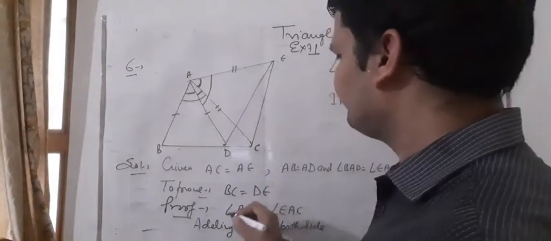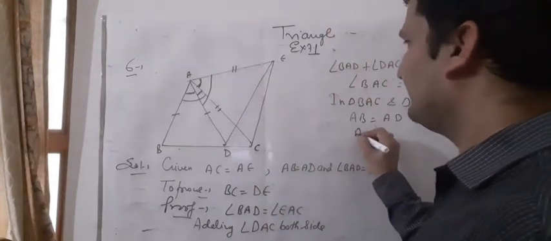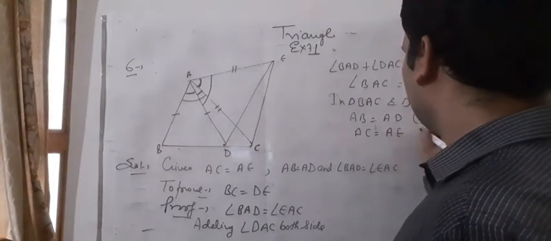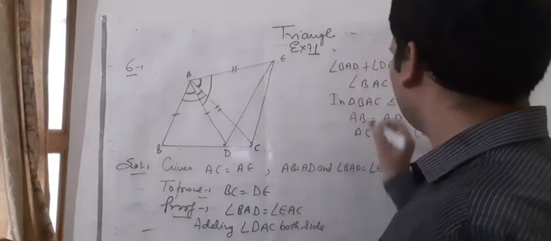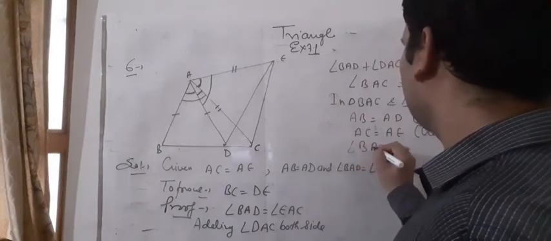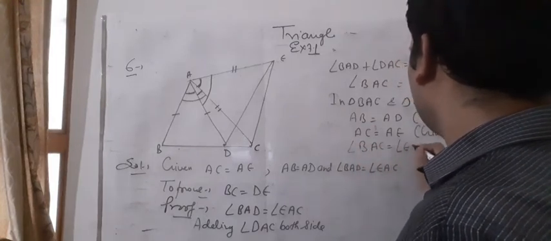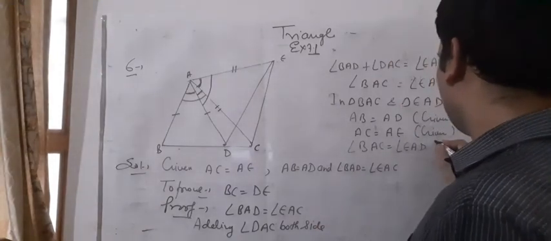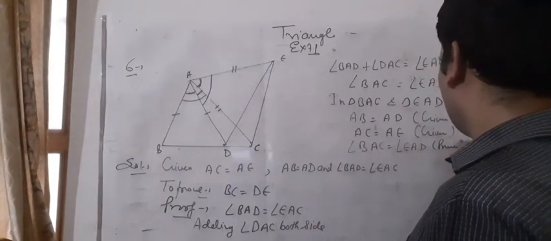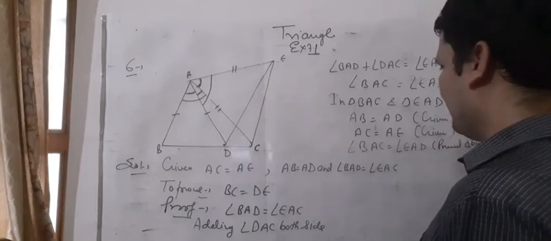Similarly here AC is equal to AE, given, and we have proved that angle BAC is equal to angle EAD. We have proved it above.